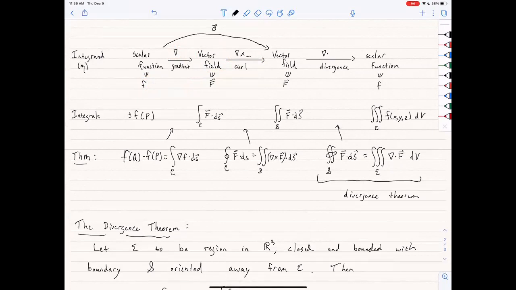And the pattern is that we can do that again. The same applies here. If we start with a vector field and take the curl and then take the divergence, we get 0 again.